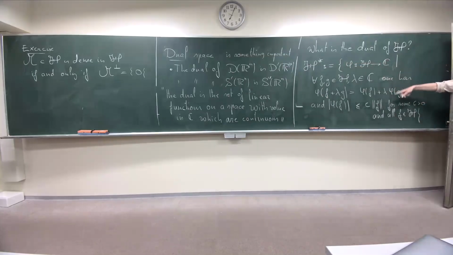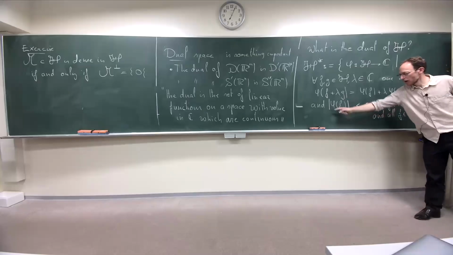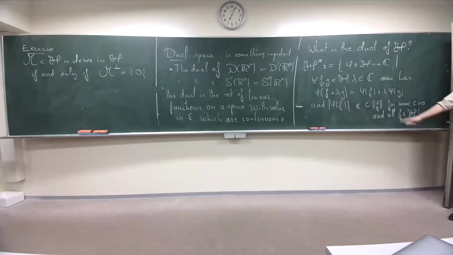A linear function, but you need continuity or some boundedness. There exists a C such that this complex number, its modulus, is smaller than C times the norm of F.